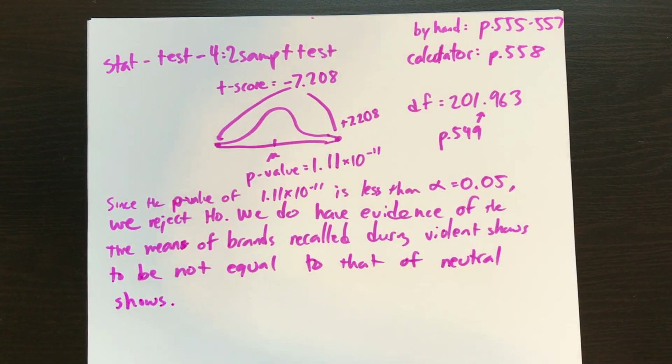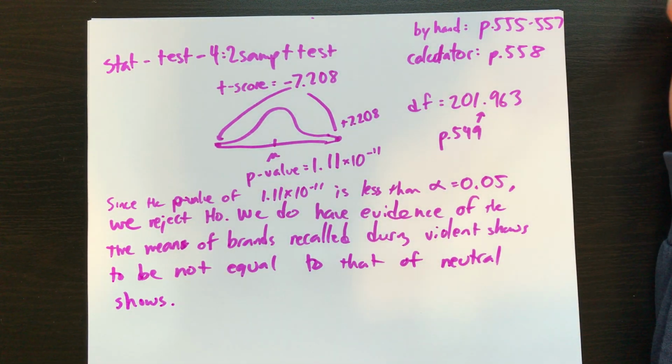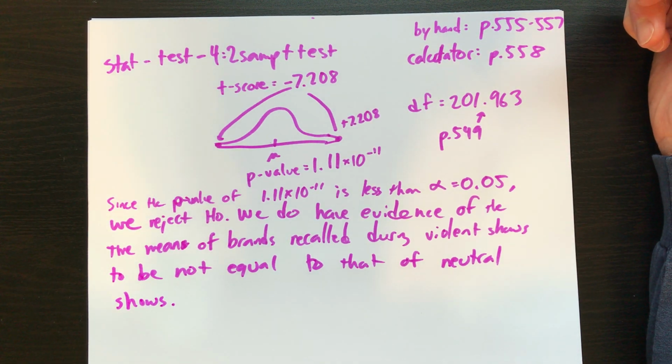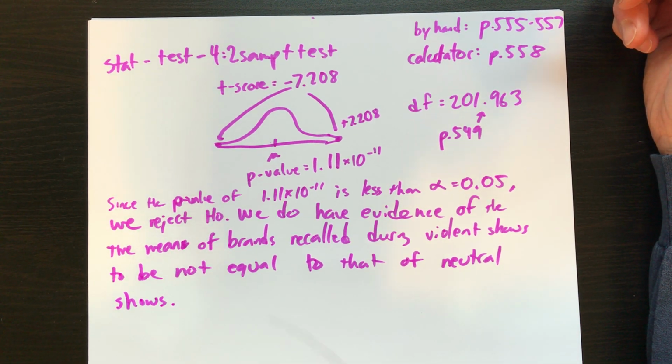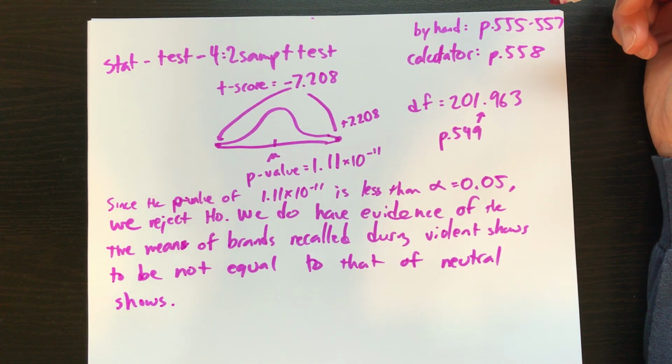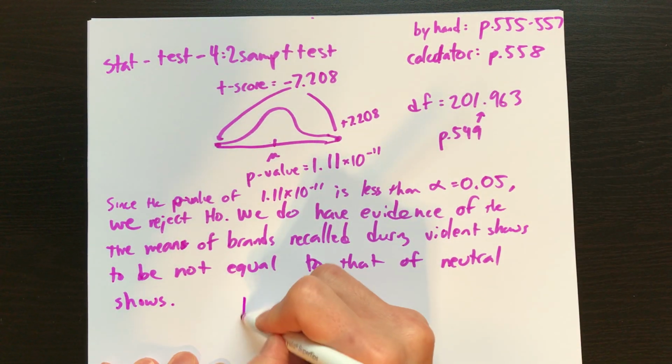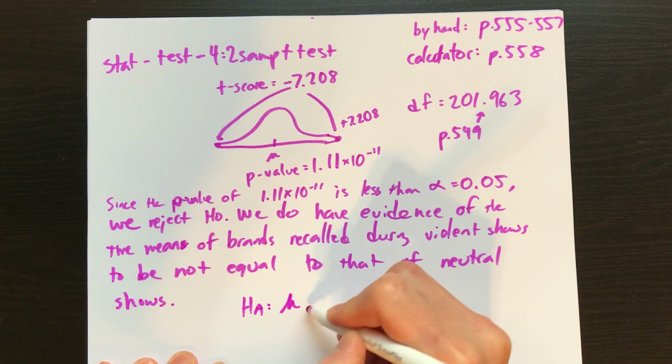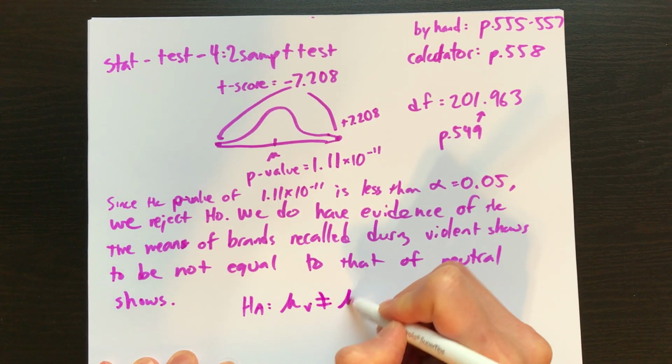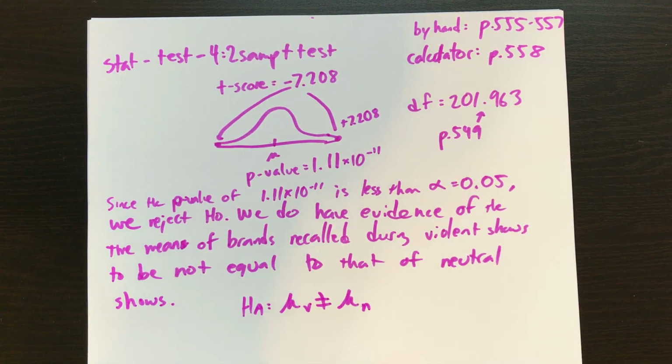Let me read this back. Since the p-value of 1.11 times 10 to the negative 11 is less than alpha of 0.05, we reject the null. We do have evidence of the mean of brands recalled during violent shows to be not equal to that of neutral shows. Right? Because remember, our alternative was mu v is not equal to mu sub n.